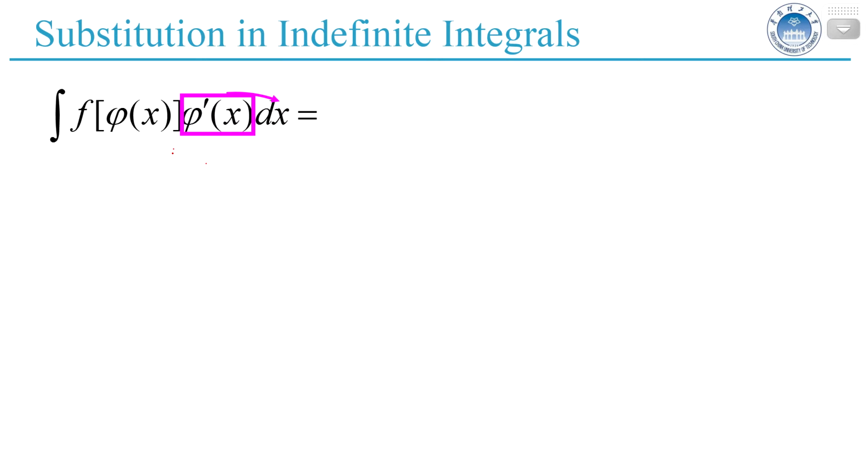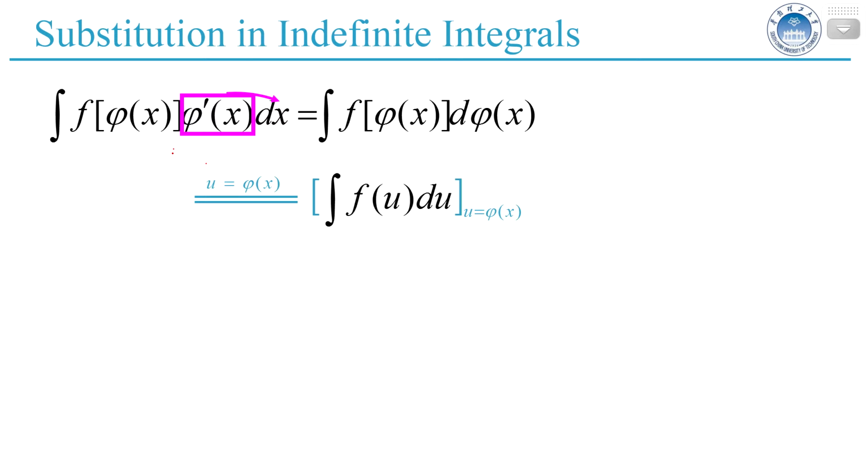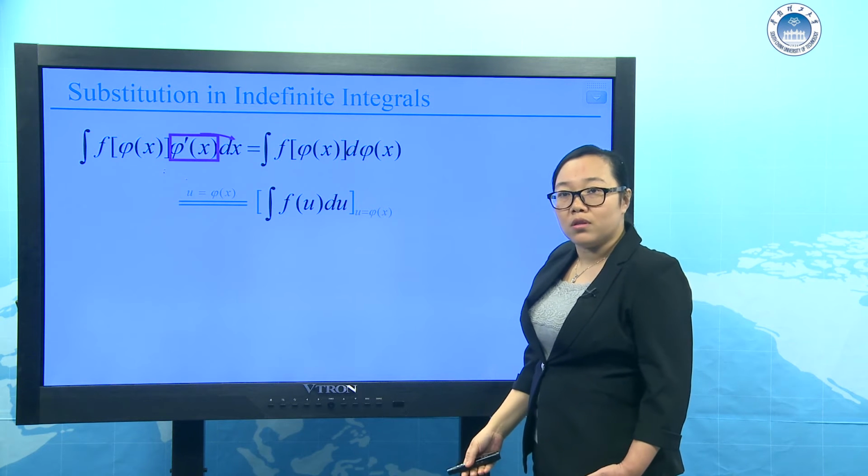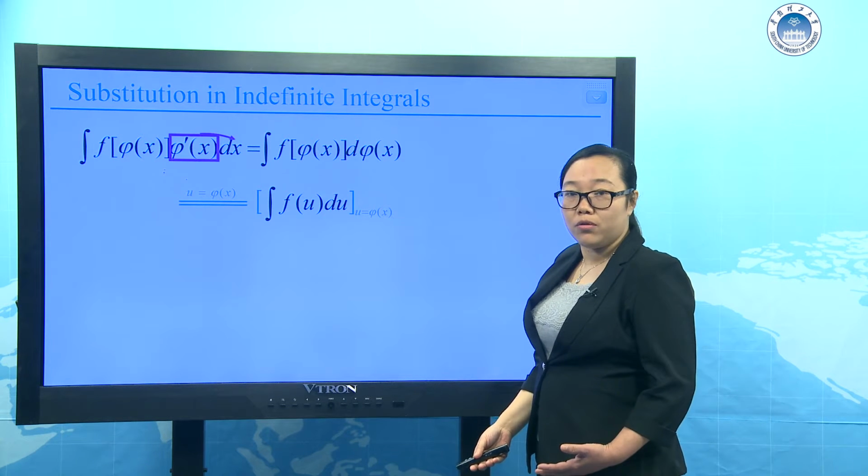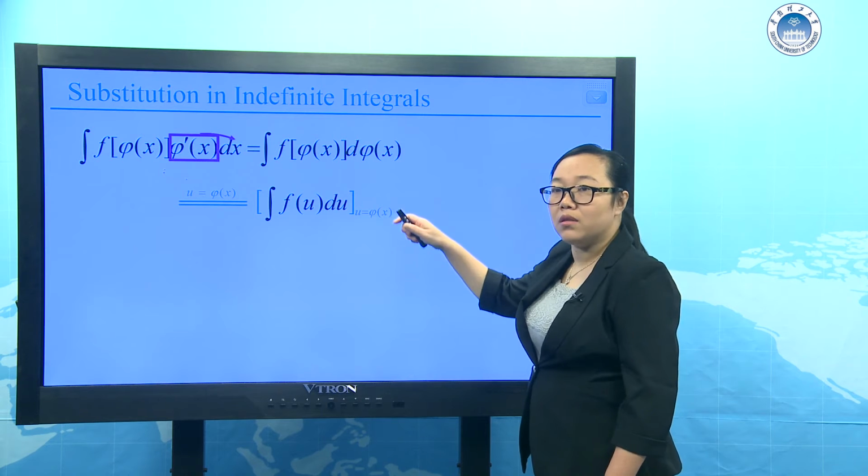Taking phi prime dx in, you can get f(phi) d phi. If we let u equal phi(x), the substitution becomes f(u) du in the indefinite integral. If I know the antiderivative function, the question is solved.